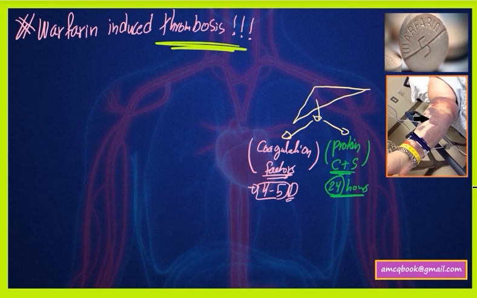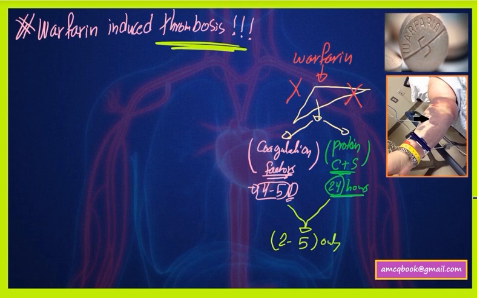So, if we give the patient warfarin, warfarin will stop both pathways. I mean, it will stop production of coagulation factors and also stop the production of protein C and S. That means from day 2 to day 5, the coagulation factors will remain in the circulation while protein C and S were removed from the circulation because their half-life is just around 24 hours.